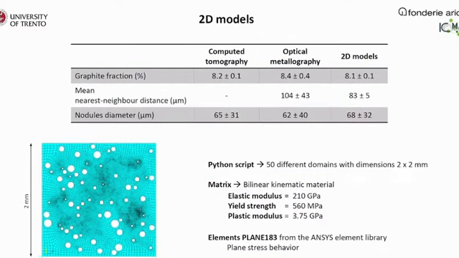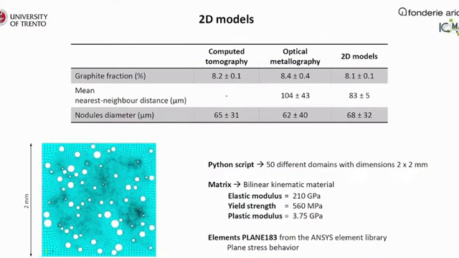So we generated 50 different domains with dimensions 2 times 2 millimeters, and the nodules arrangement is set again according to the experimental data.